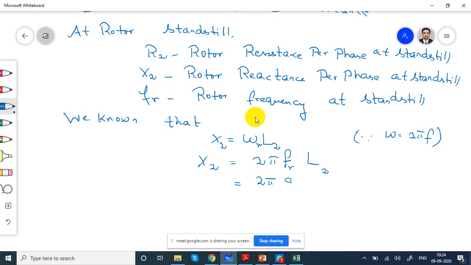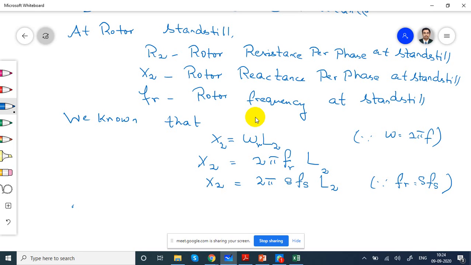We already calculated, fr equal to s into fs. So X2 equal to 2 pi s into fs into L2.